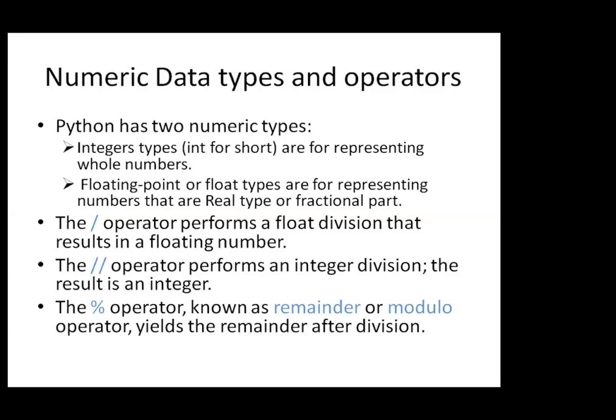To make it simple, a number with a decimal point is a float, and a number without a decimal point is an int, or integer.